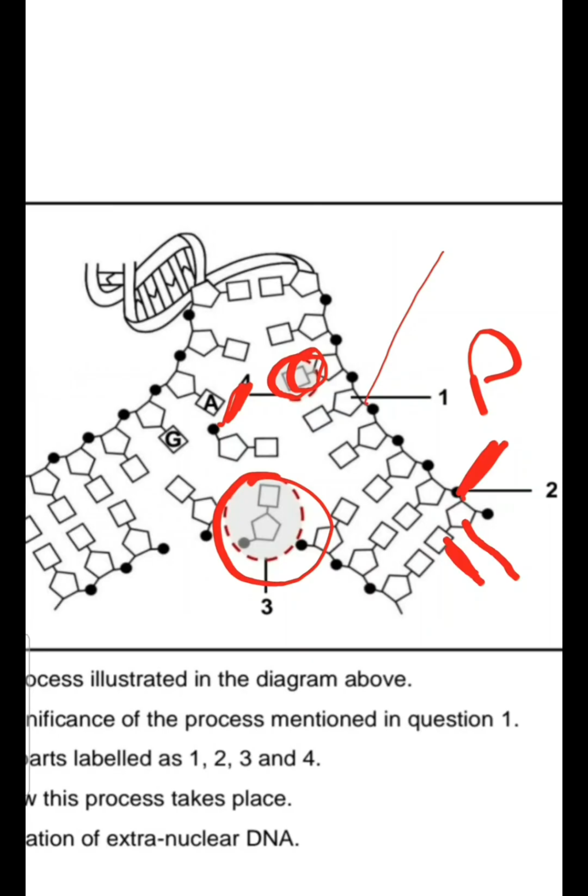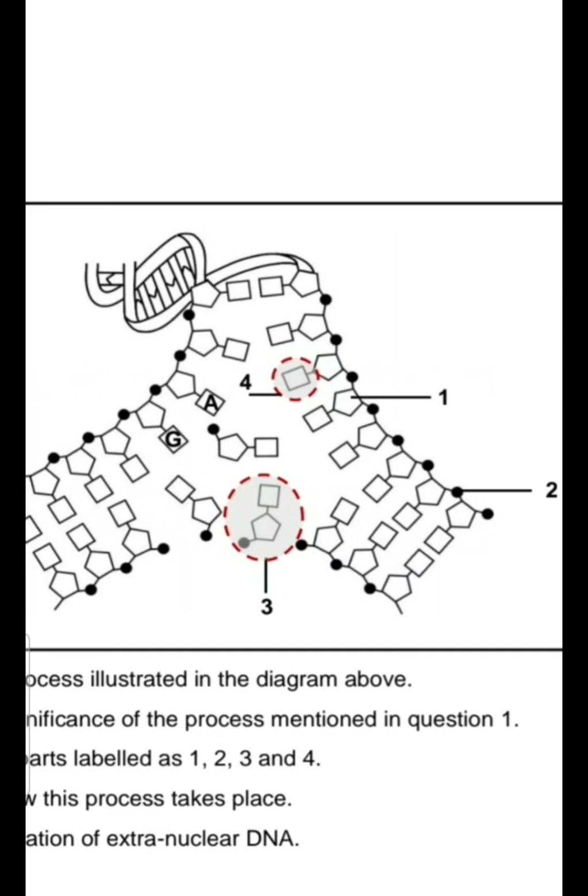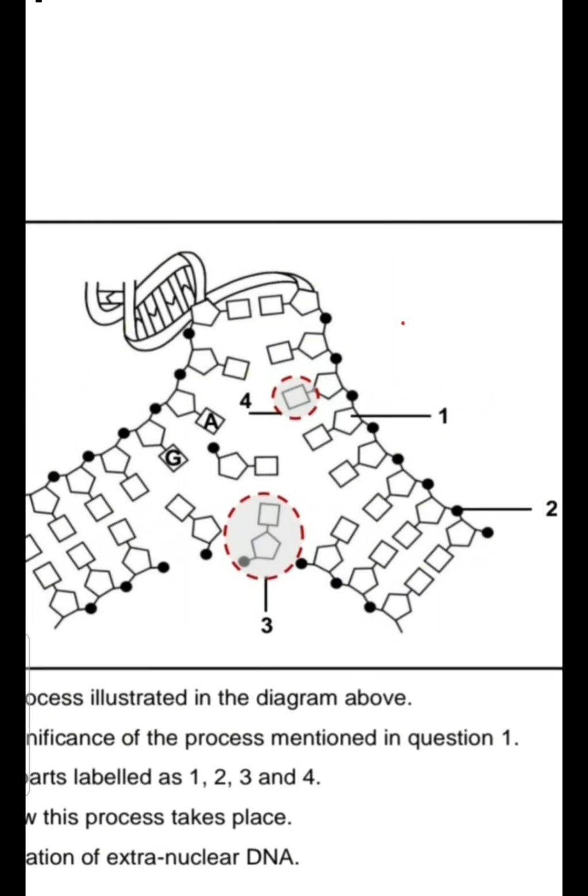What goes with adenine? Thymine. So what would number 4 be? Number 4 is basically thymine. And if they would ask you what's this, then you would simply say that's a cytosine. But here they're asking for this, so that would be thymine.